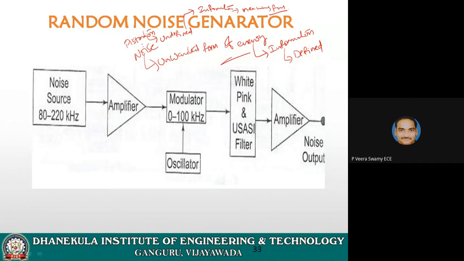Then that X is your wanted information and Y is unwanted information. You just want to see X program only, but in its background, that Y program is also displayed. So that Y program is nothing but unwanted form of energy.